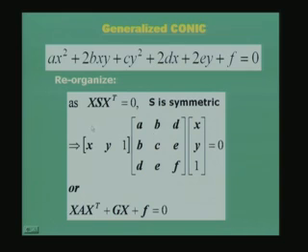I leave this as an exercise for you to visualize that if you break open this expression, you will get this quadratic form. You can almost visualize that if you multiply these 3 matrices, you will get this one particular expression.